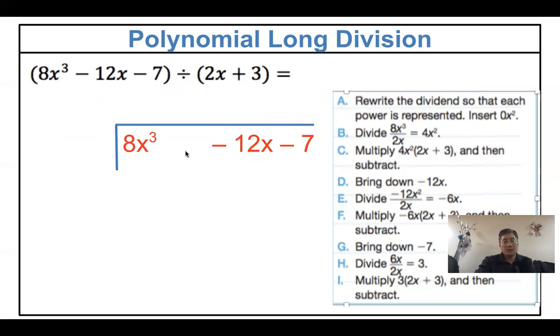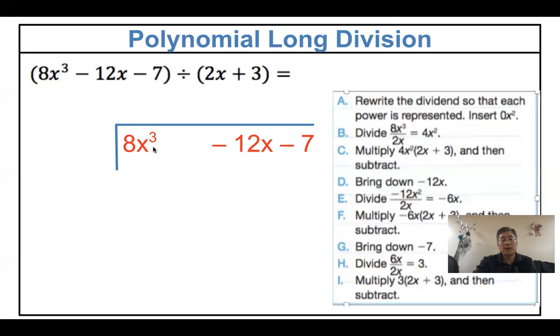So what do you notice? Here's a big space between 8x cubed and 12x. Do you know why? Yes, when you divide, you should make sure every degree has its own place. So this is for x cubed, next is x squared, x, and just a number.